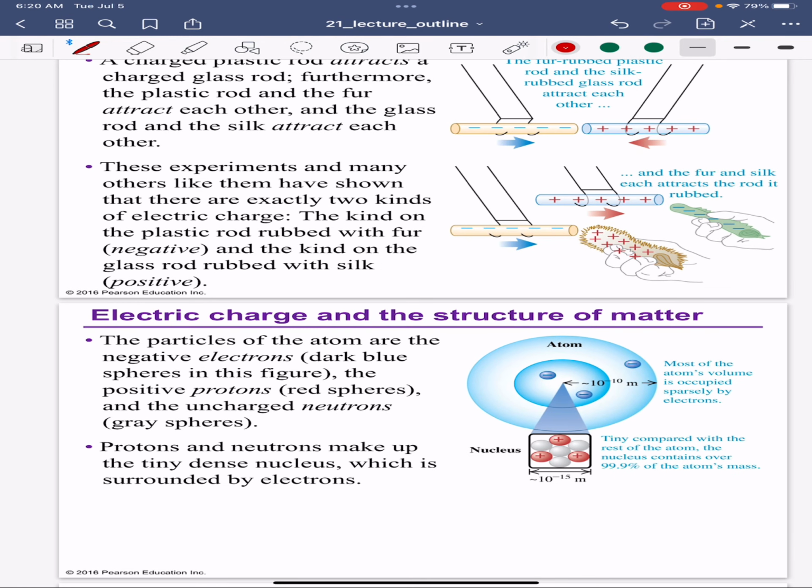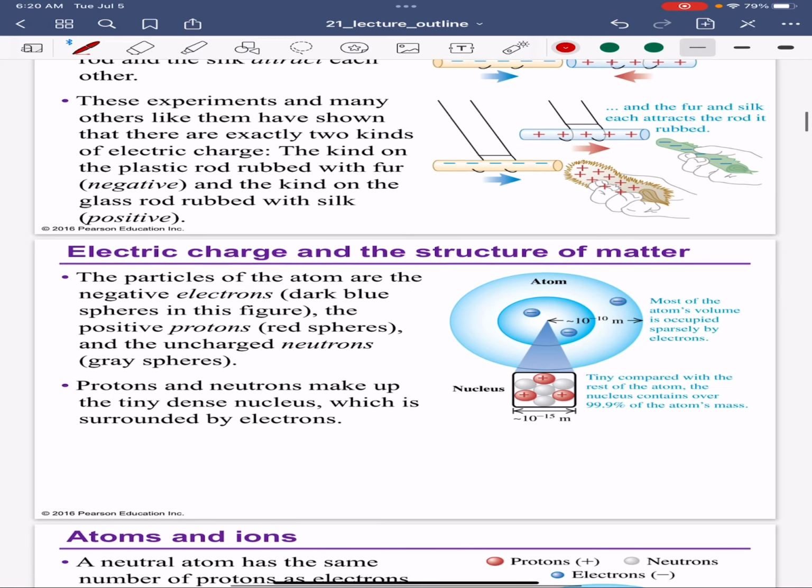Now, why did the plastic rod gain a negative charge when it was rubbed with fur, and why did the glass rod gain a positive charge when it was rubbed with silk? This is really the basic idea. It is hidden in what is called the electric charge and the structure of matter.